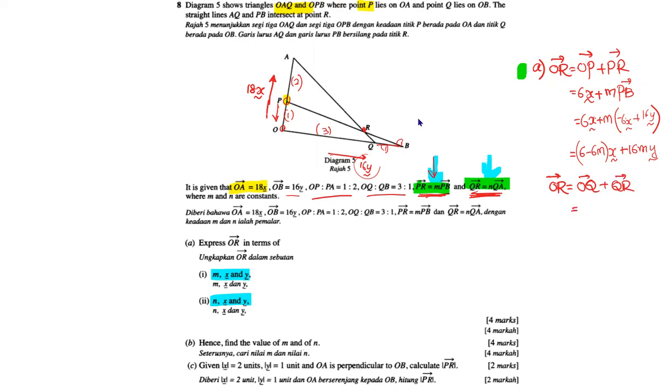OQ is 12y, if you can see. You can count mentally, this is 16y, 3 over 4 is 12y.